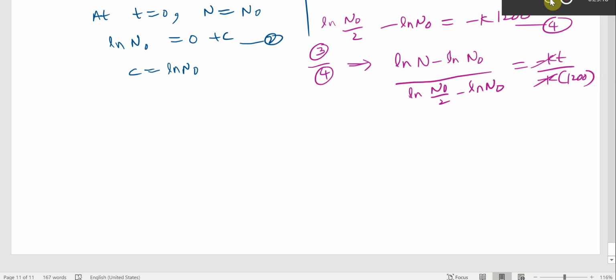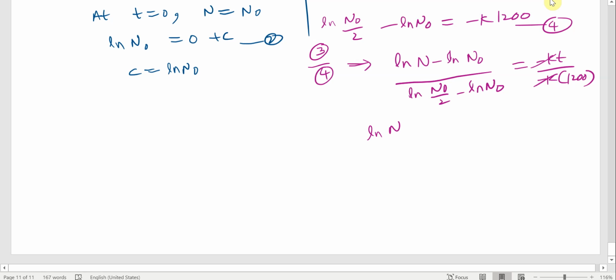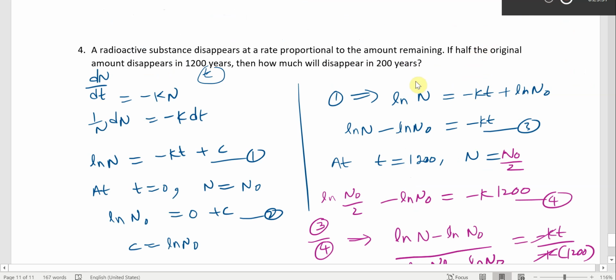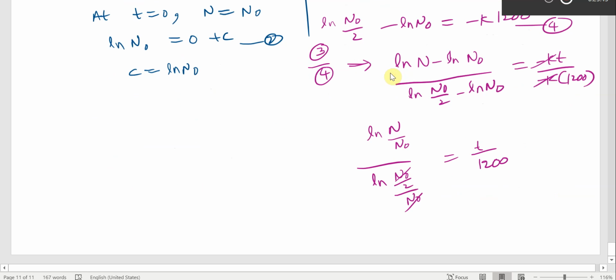So it's the mathematical expression, ln, with the logarithmic property ln n naught by 2 divided by n naught, equals t over 1200, right? So this is the expression which we need. So time 200 years, how much will disappear, n we need to find.